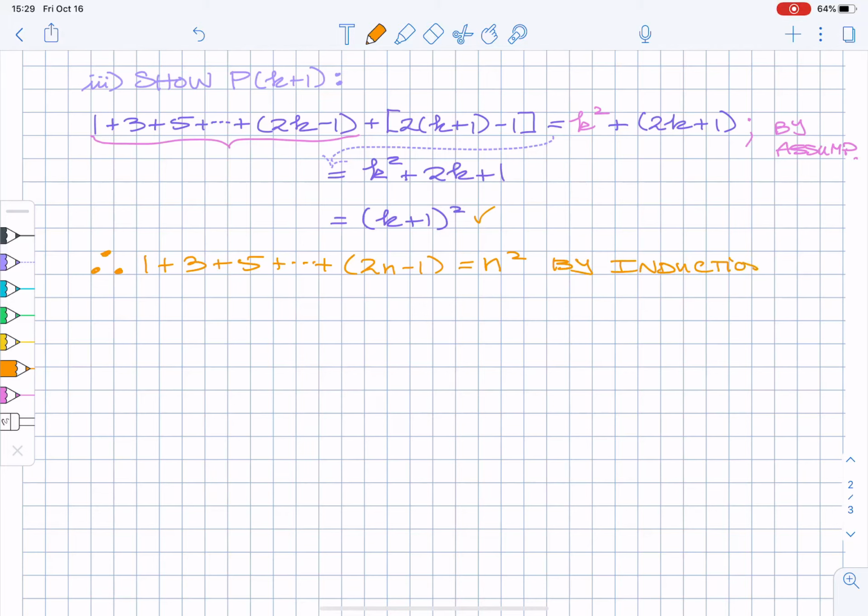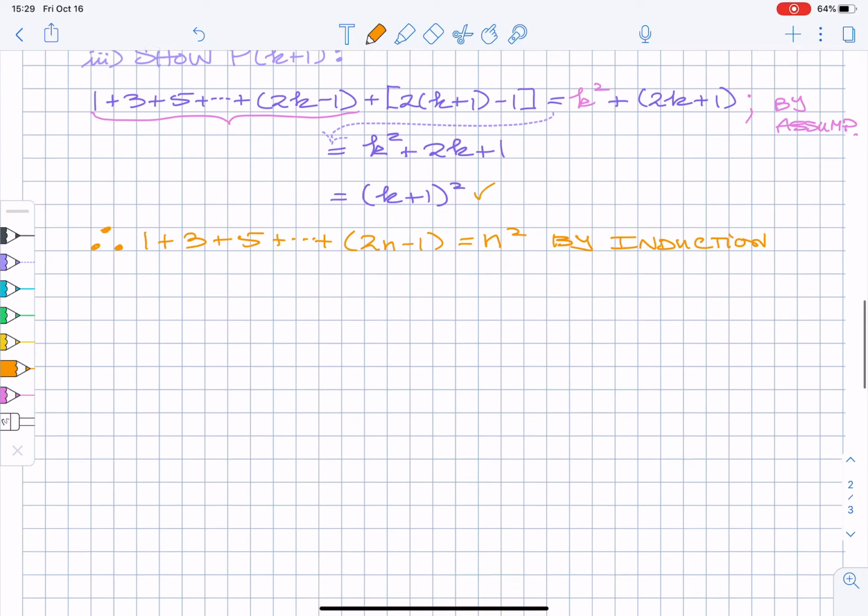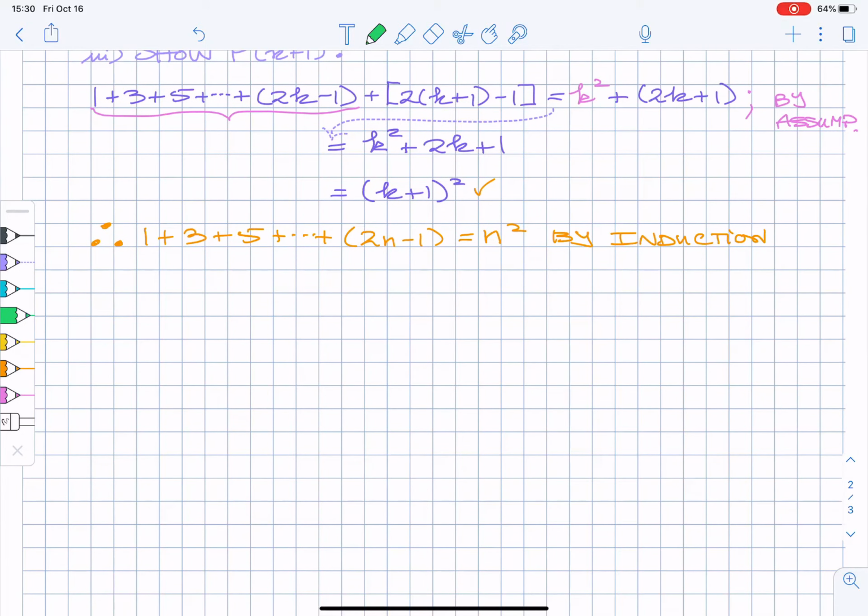Okay, so let's note something. These have all been equalities.